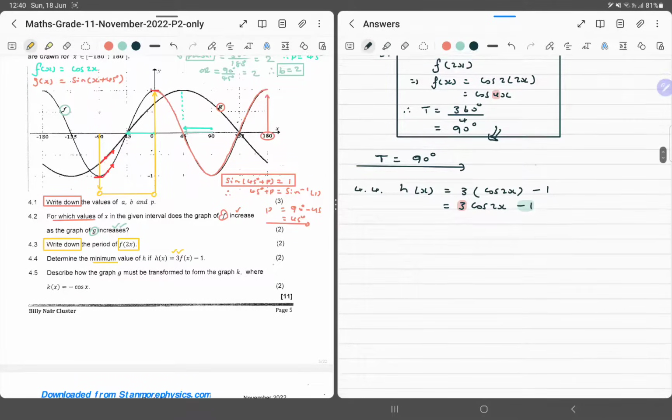So what do we say? We can say, therefore, the minimum value is going to be equal to minus 3, which would be the minimum, and then we subtract 1 because we are shifting it down. That becomes minus 4.